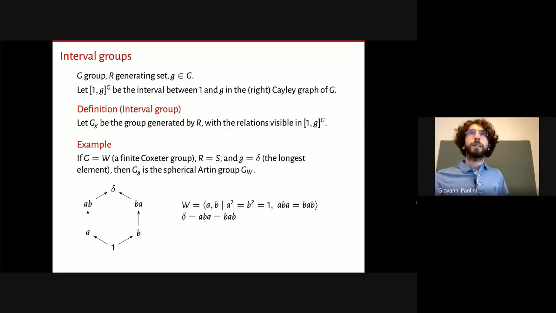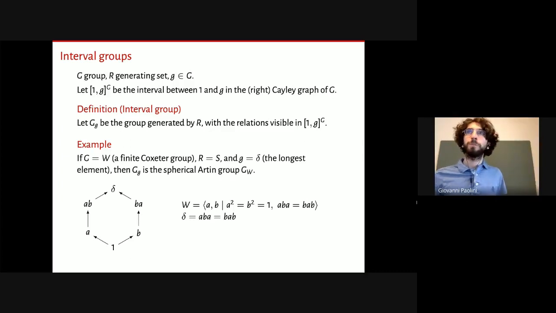So the construction goes like this. You take any group G with a generating set R and a special element small g in the group capital G. You can already think of the group capital G as a finite Coxeter group, which is the case we are interested in the example below.